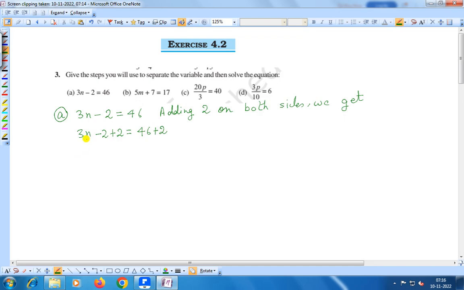Therefore, 3n minus 2 plus 2 is 0, and 3n is equal to 48.